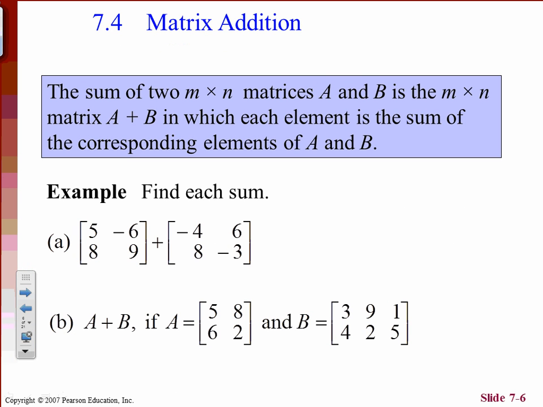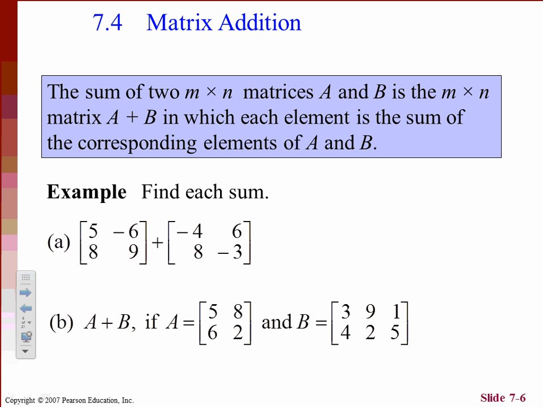Okay, adding matrices. When we add two matrices, we add up the corresponding numbers that are in the same place in each matrix. This only works, and subtraction too, if the matrices have the same dimensions.